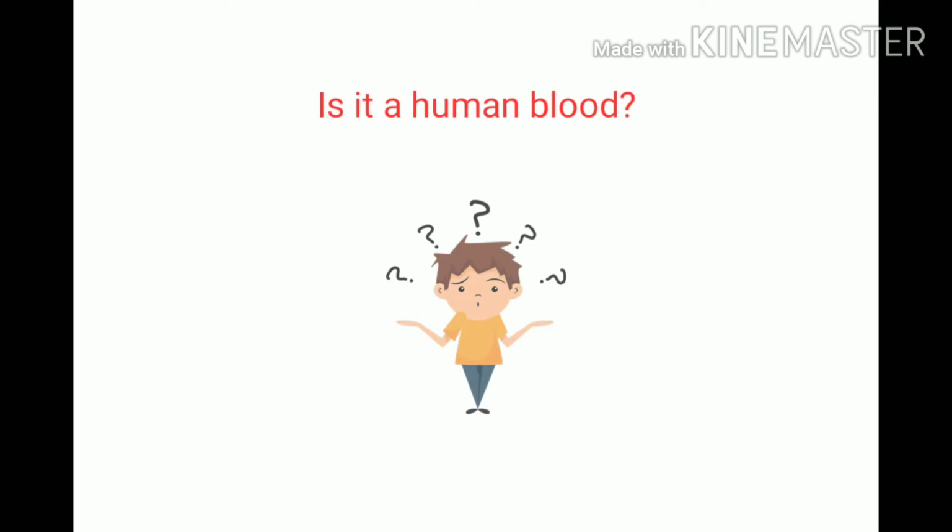If the suspected stain is confirmed to be blood, the second question is, is it human blood? There is a test called the precipitin test. It identifies the presence of proteins that are found only in human blood.